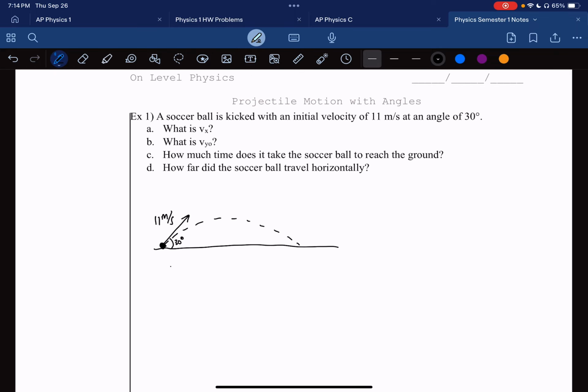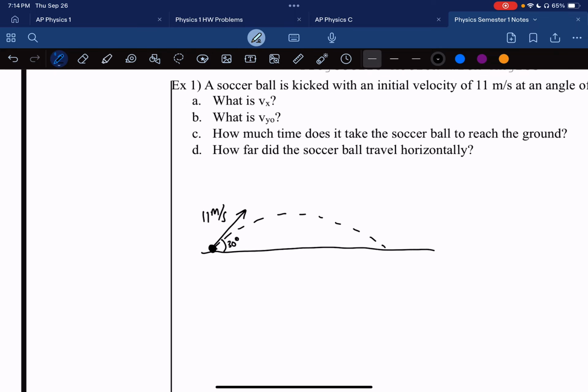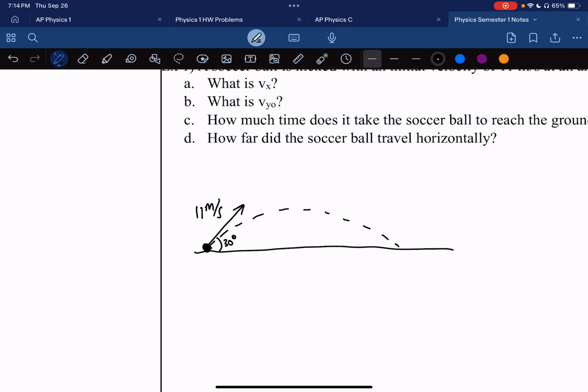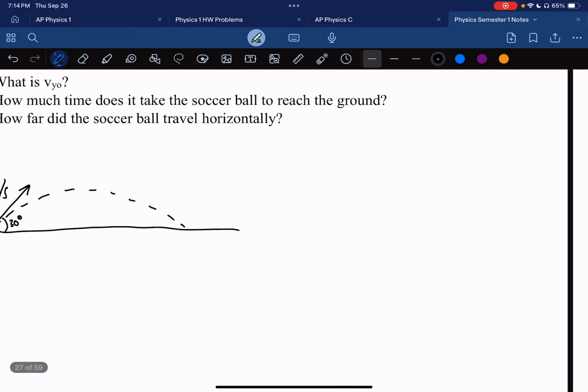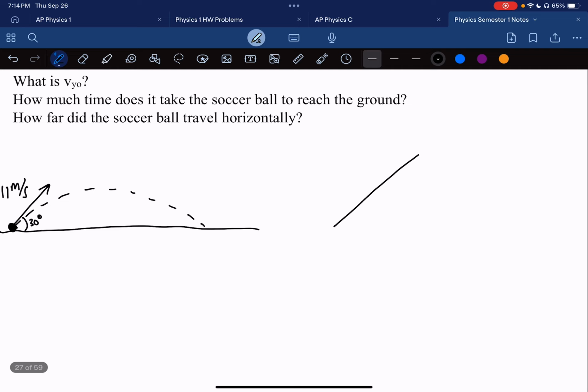And so we have this broken down into a couple of questions. So first thing, this is from the last lesson. Let me just do this over here. If this is the initial velocity vector, we have to get the components of this initial velocity into a horizontal component Vx and a vertical component Vy naught.